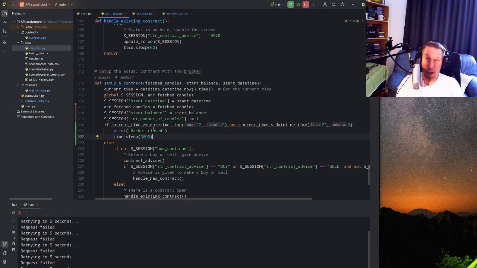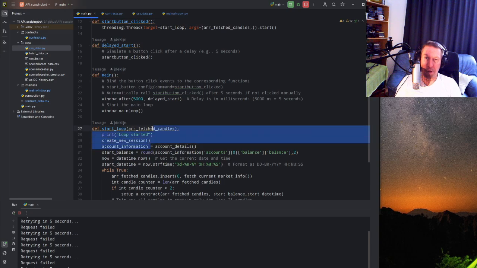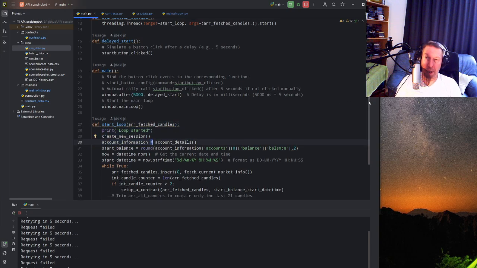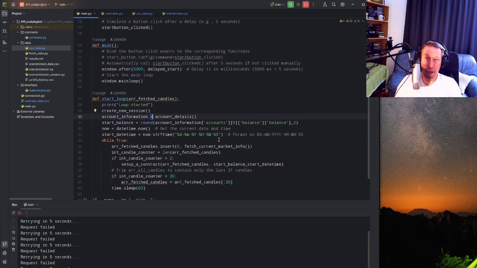But while the market is closed, it doesn't respond to requests. So in the main pie, the start loop, there is an account information request. Am I correct?